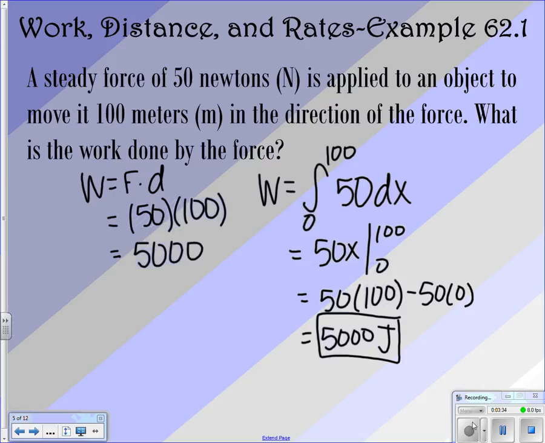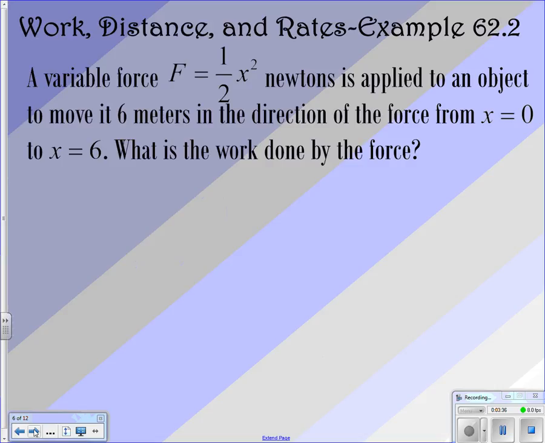these problems. So looking at this one, we have a force of 1/2 x squared, and it's applied to move an object from 0 to 6. What is the work done by the force? Well, you're going to say your work is integrating from 0 to 6. Our function for our force is 1/2 x squared, and then we have dx.